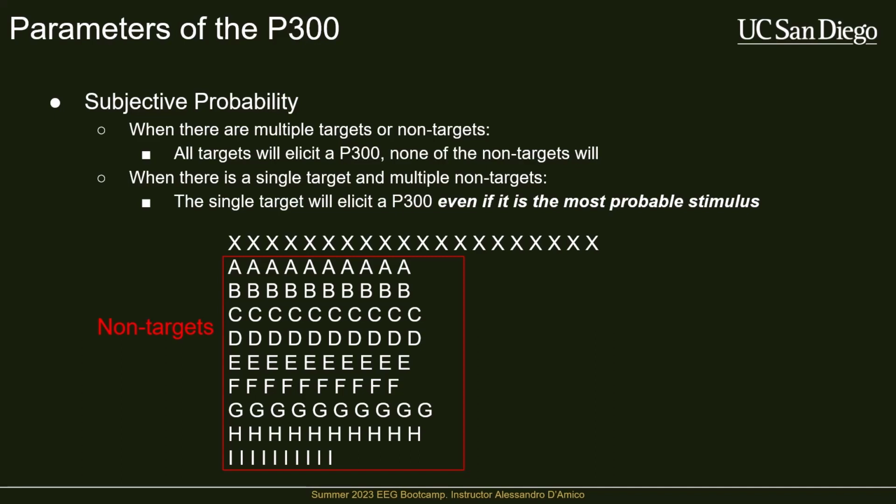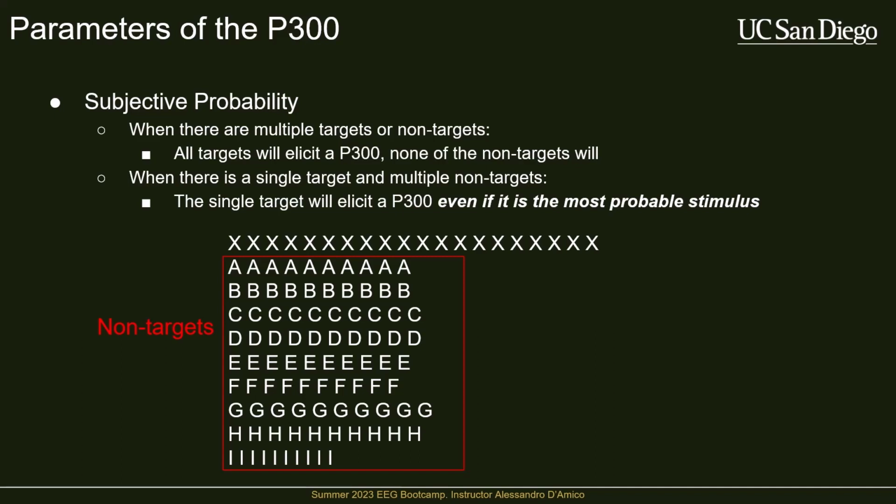But subjectively, because all of these stimuli belong to this larger class called non-targets, and the subject is given a specific task, where you're attending to target stimuli only and have some goal related to them, the subjective probability comes into play. It's what's perceived as being a target versus a non-target. So subjectively, the probability of the X is much lower than the non-targets.